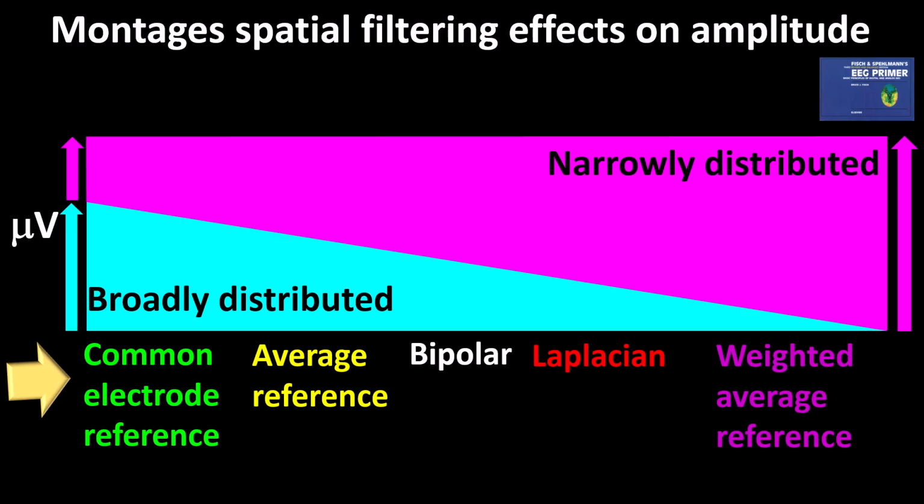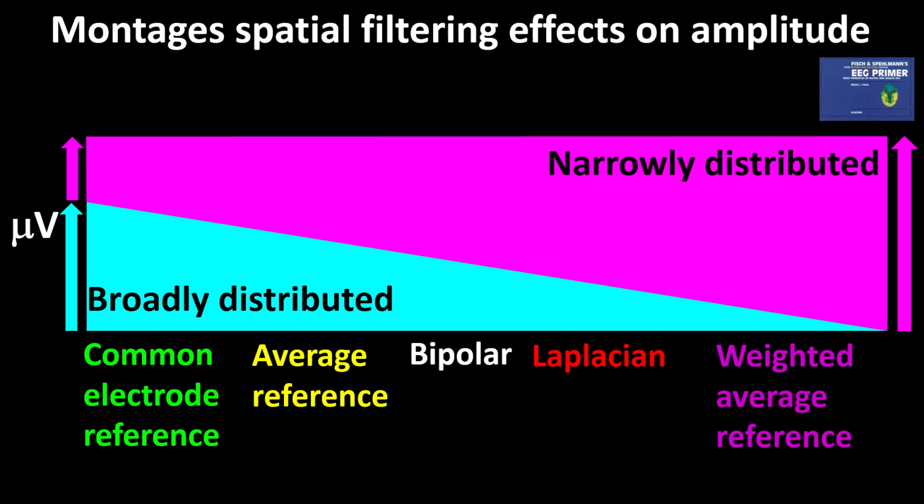The third variable in this frame is the different montages. In this frame, you can see 5 different montages. As you can see, a narrowly distributed EEG potential will have a relatively higher amplitude, when compared with the amplitude of the rest of the ongoing activity, when the review is done using weighted average reference montages than when reviewed using a common electrode reference montage.